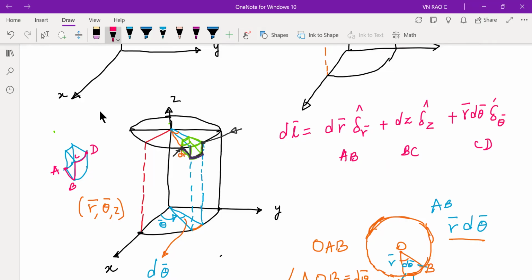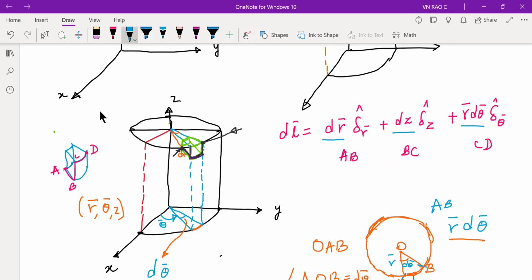So these are the lengths in the directions delta r bar, delta z bar, delta theta bar. These are the three directions and these are the different lengths. So we have the ultimate formula for differential length in cylindrical coordinates.